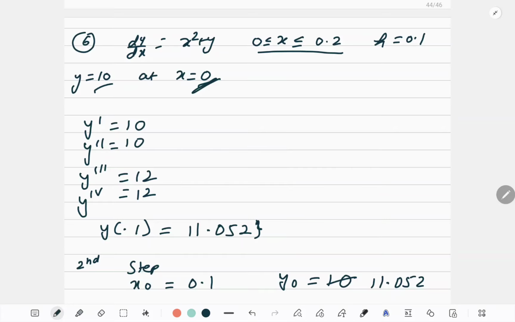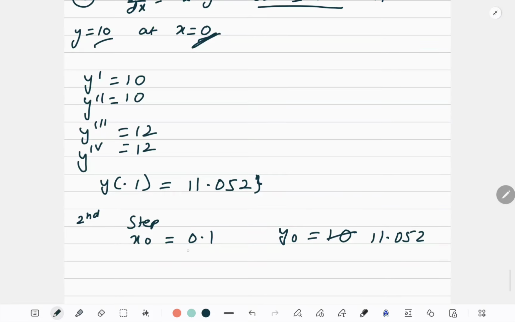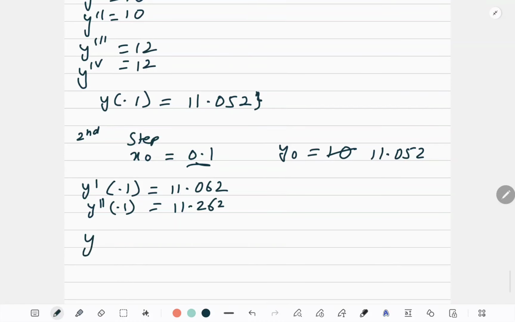Exactly the same way you find out all the derivatives. The derivatives will be the same, but their values you have to find out at 0.1, not at 0. So the values will be different. When you find out the derivative at 0.1, you will get 11.062. Double derivative at 0.1, you will get 11.262. And then the third derivative at 0.1 will be 13.262.